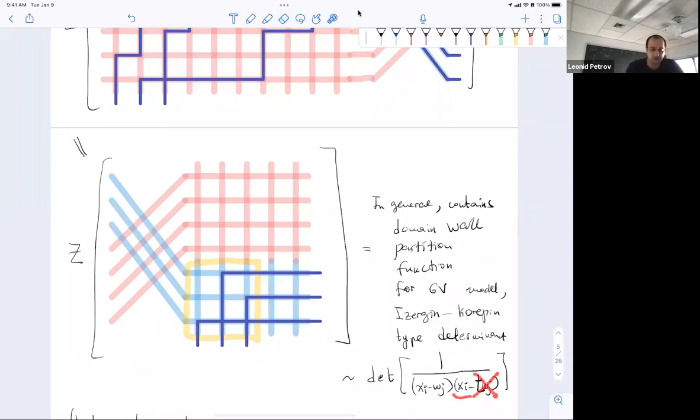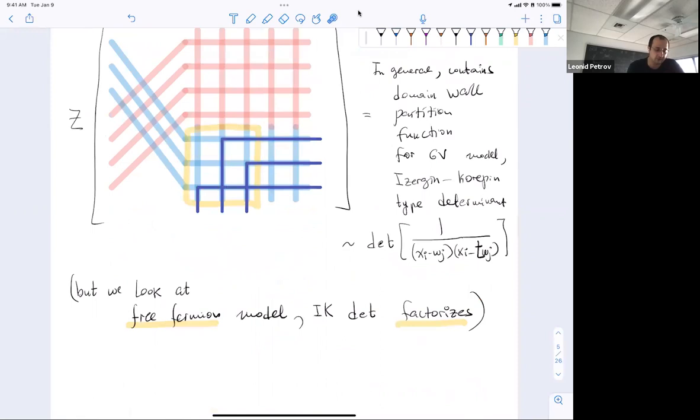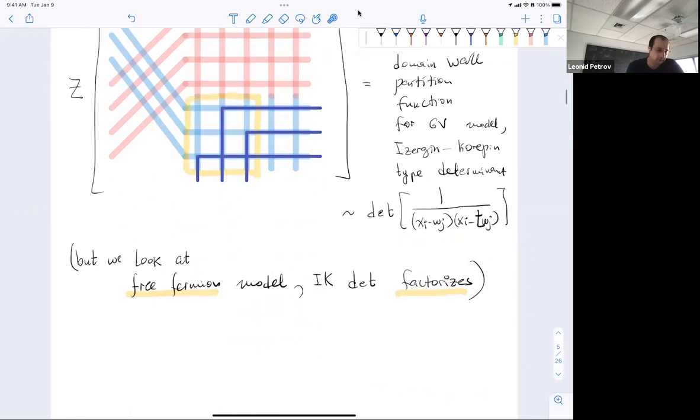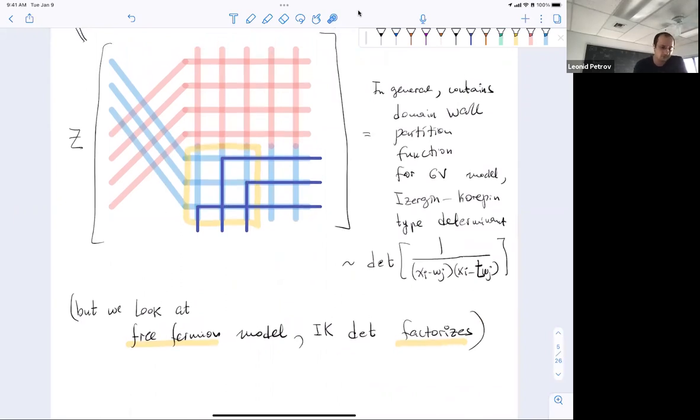So the free fermion case degenerates this Izergin-Korepin determinant into a product, because once you get rid of the second factor, that determinant now becomes a product, which is an exercise, I guess. So in the free fermion case, the determinant factorizes. Okay, so that's one of the motivations why we would want to focus on the free fermion case. And of course, what we get out of the model is that we are able to compute multi-point observables in the free fermion case, which are unavailable in the general case.